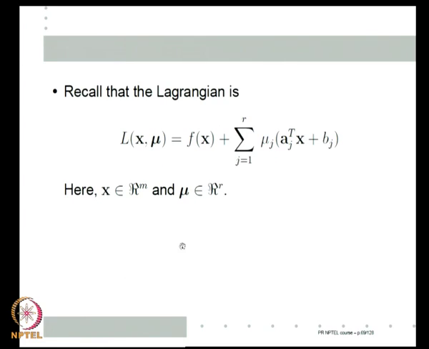Now, this is the Lagrangian for x in Rm and mu in Rr, where this small r is the number of constraints we have. L of x, mu is f of x plus summation j equal to 1 to r of mu j times A j transpose x plus b j.